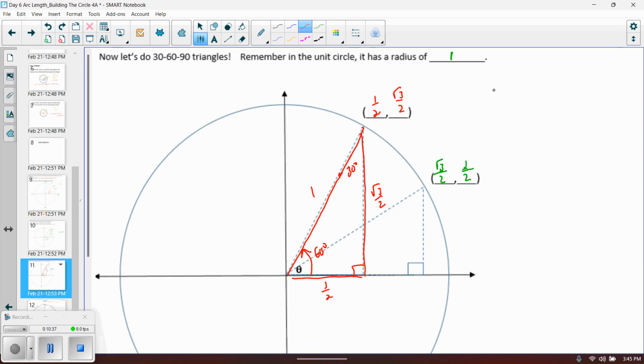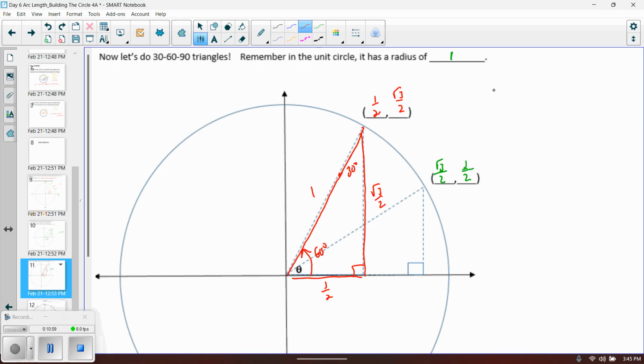They flip. Not flip over, but they switch. So that is developing those specific ordered pairs based upon the 30, 60, 90 and the 45, 45, 90 right triangles. The biggest thing, again, is that the radius is always 1, so you can always figure out these specific ones.